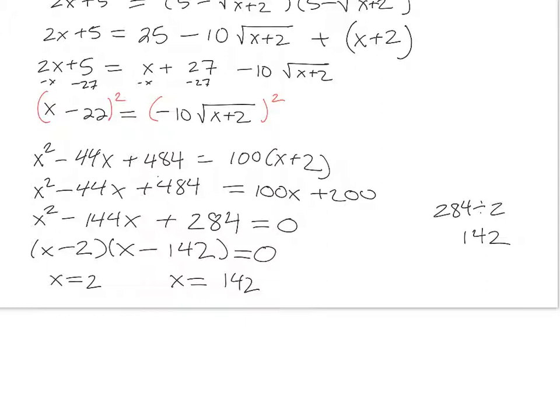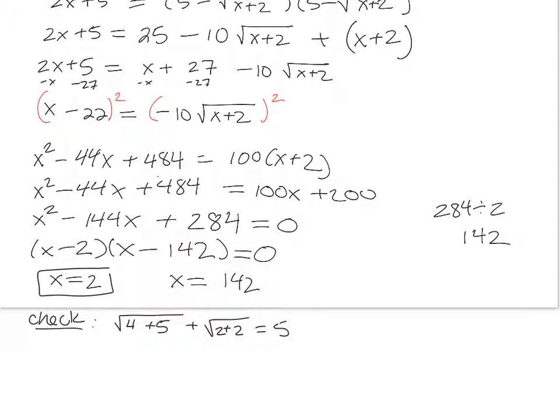So we'll check 2 first. You plug in 2, you get root 4 plus 5 plus root 2 plus 2 equals 5. Does that check out or not? Yes, it does. Okay, great.